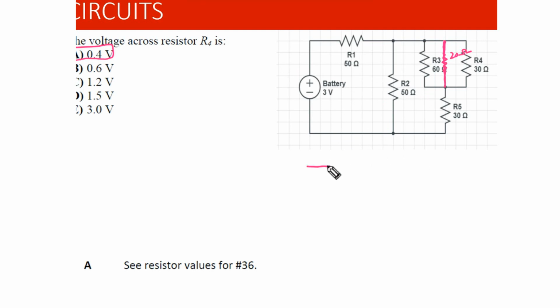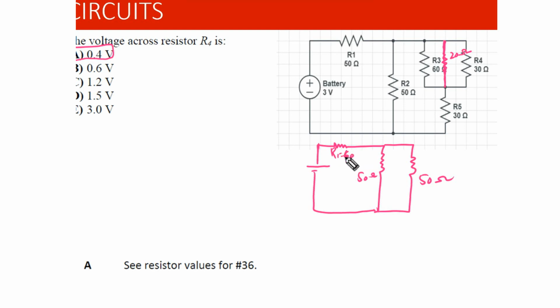I will just write down the main idea for you. We have one resistor here, then another resistor here. This resistor is 50 ohms, this is also 50 ohms, and this one R1 is also 50 ohms. So we can draw another circuit for this.